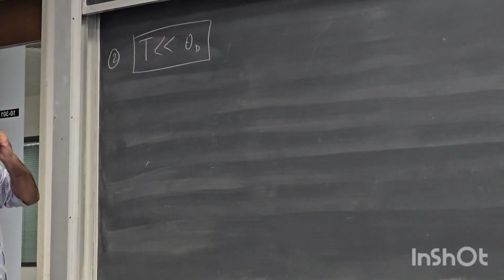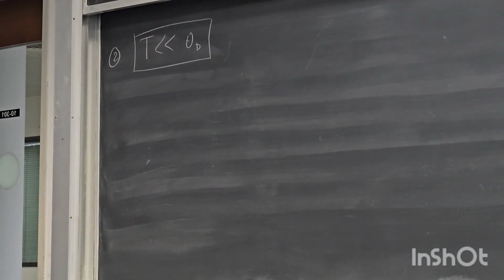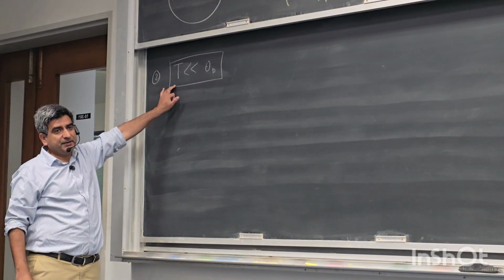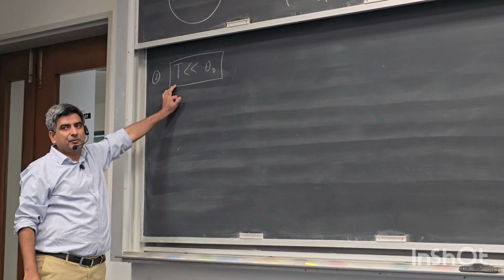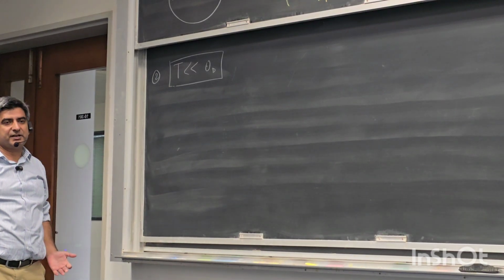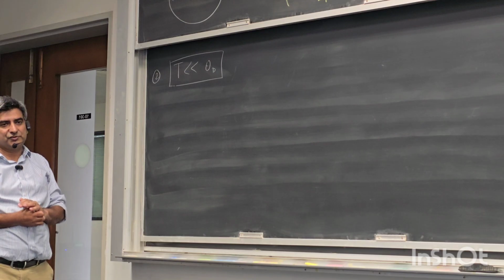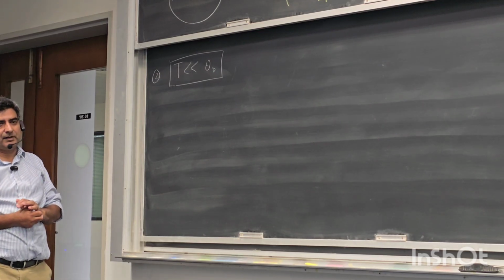Now phonons will not be available because the typical energy of a phonon is kBT. When phonons have this much energy, their wave vector also changes. Correct?